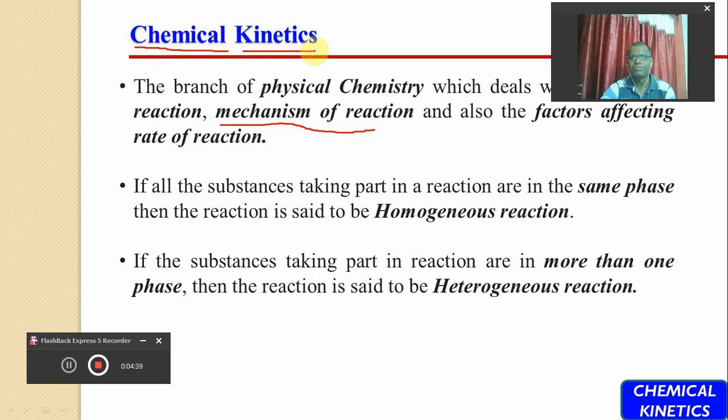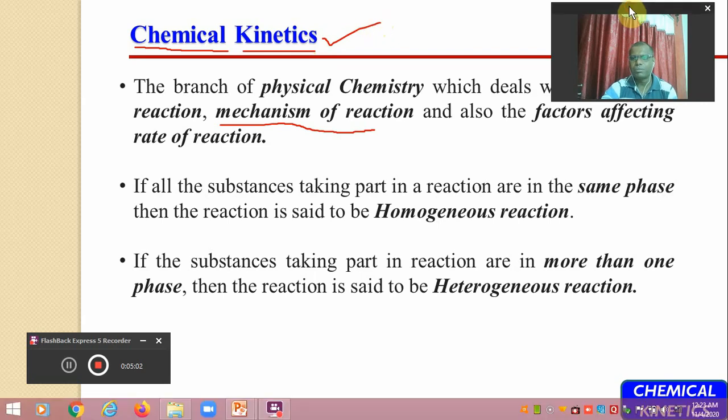So this is the purpose why we are going to study chemical kinetics: there are some drawbacks and limitations of chemical thermodynamics, and these limitations are overcome by another branch of chemistry called chemical kinetics.